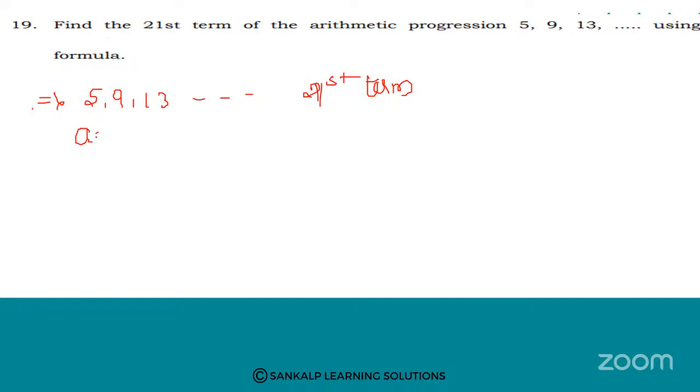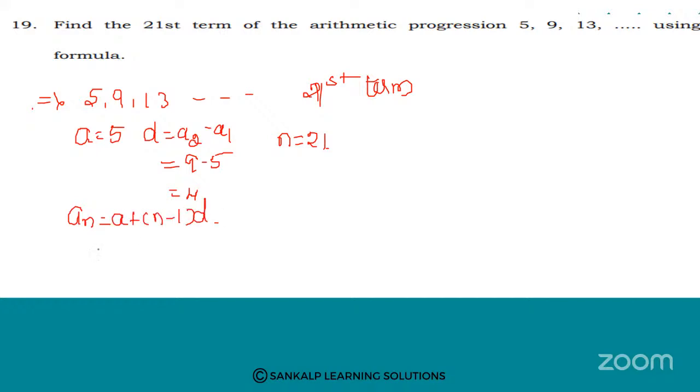So a, the first term, is 5. d is a2 minus a1, that is 9 minus 5, which is 4, and n value is 21 here. So write the formula. Formula is an is equal to a plus n minus 1 into d. An means a21.